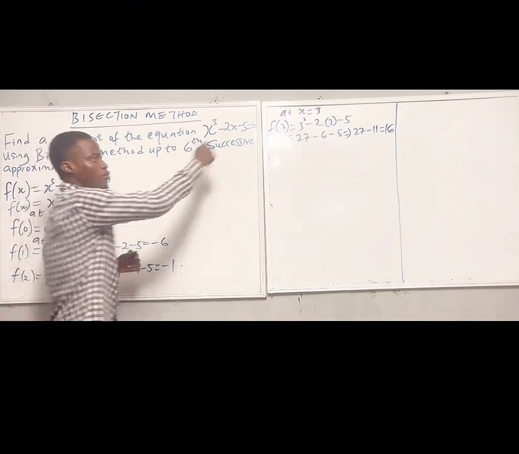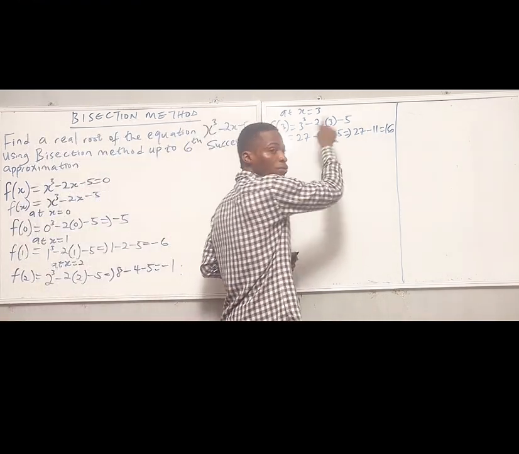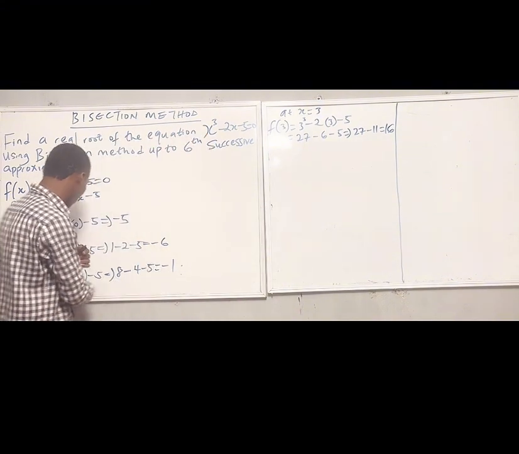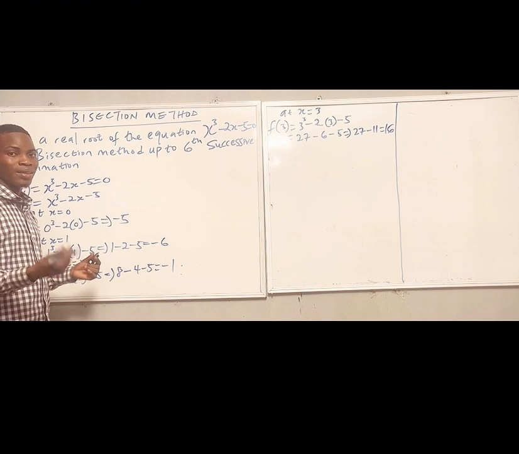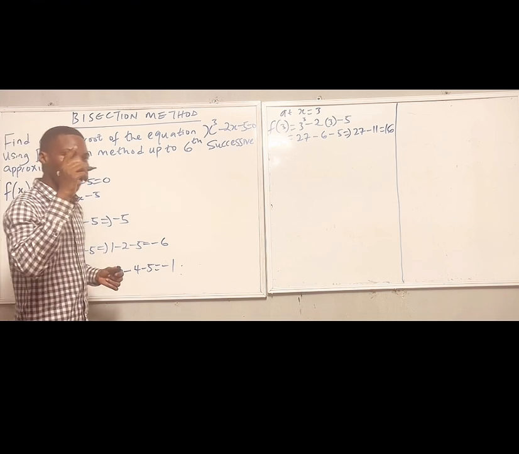Before f of 3, I have f of 2, and f of 2 gives me negative. The bisection method is also known as the bracketing method.